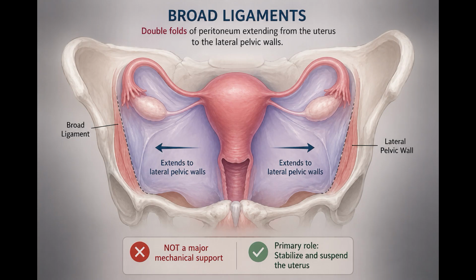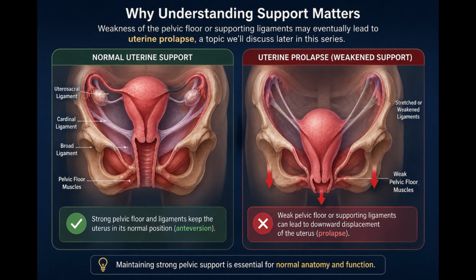Although commonly described as uterine supports, their primary role is to stabilize and suspend the uterus rather than provide significant mechanical support. Understanding these supporting structures is essential because weakness of the pelvic floor or supporting ligaments may eventually lead to uterine prolapse, a topic we'll discuss later in this series.